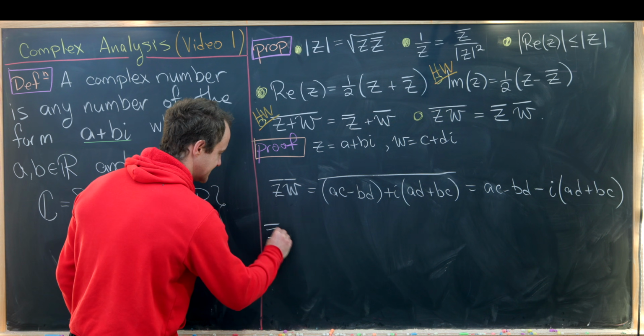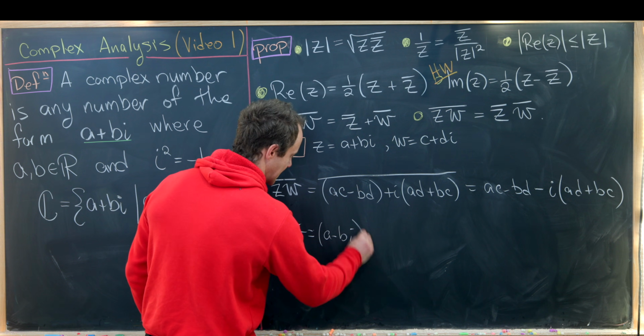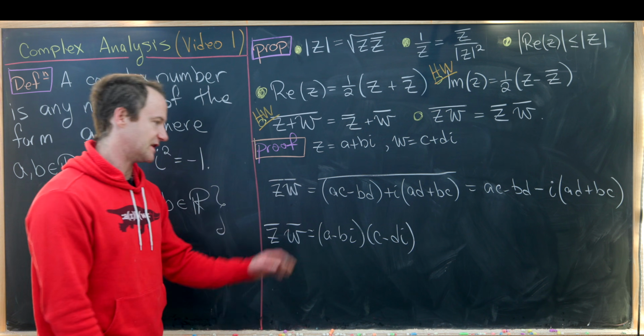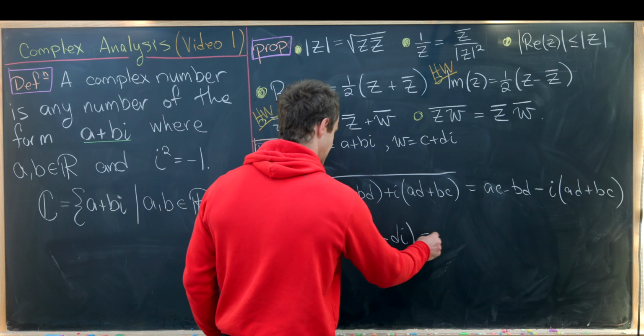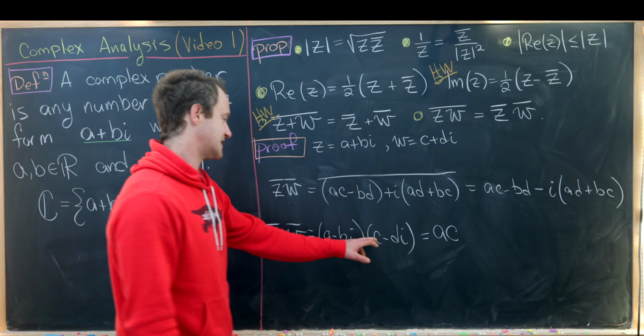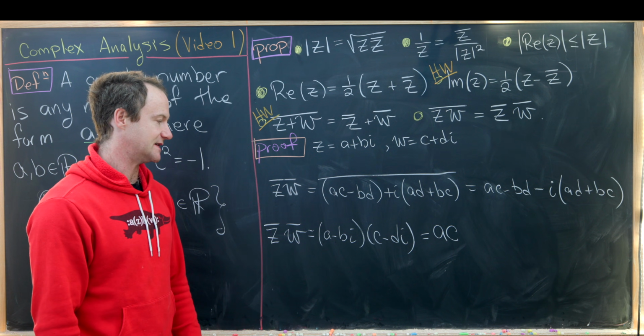So here we'll have z bar times w bar, but that's (a minus bi) times (c minus di), just by the definition of the complex conjugate each time. But that simplifies out to a times c. That's this a times c. Then the minus signs cancel when we're multiplying b and d.